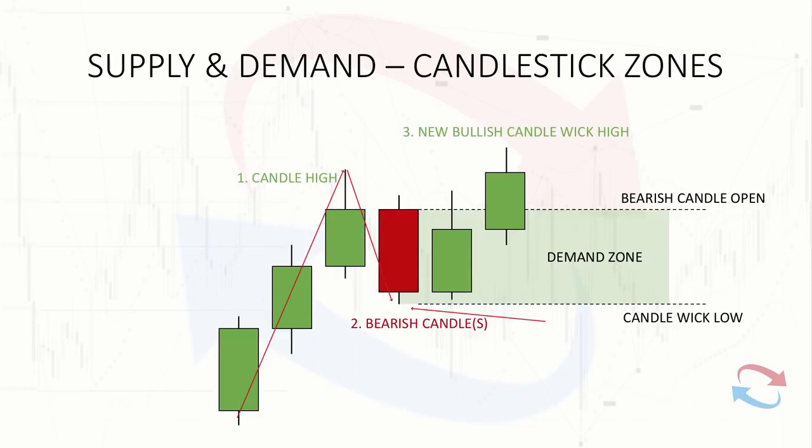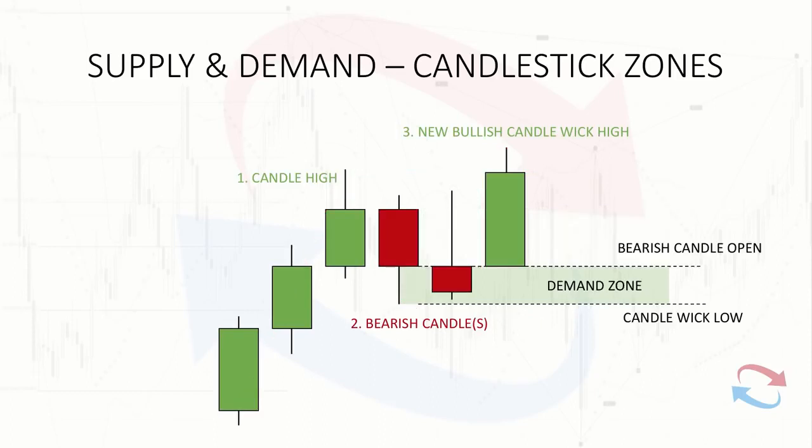And as long as price makes a new close high or a wick high and it's a bullish candle, we draw our demand zone from the bearish candle's open price to the wick low in the sequence.